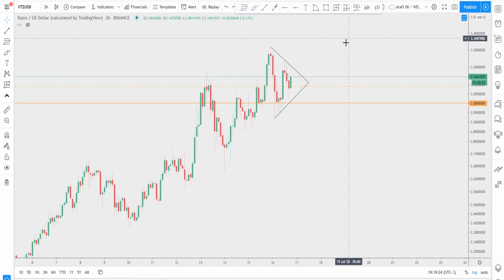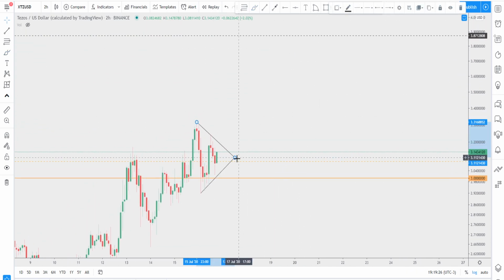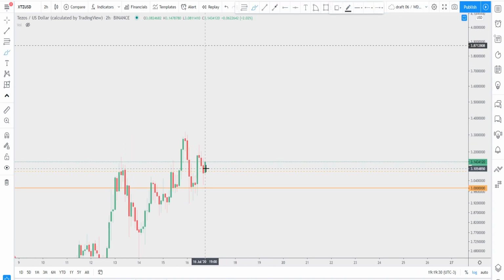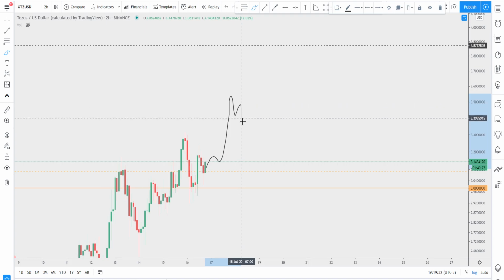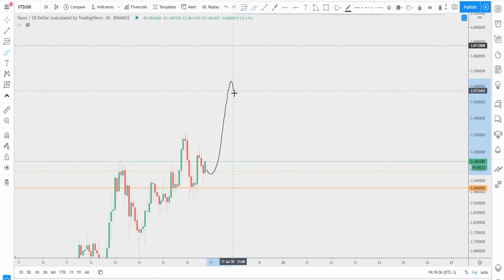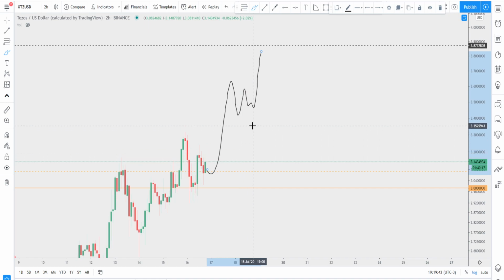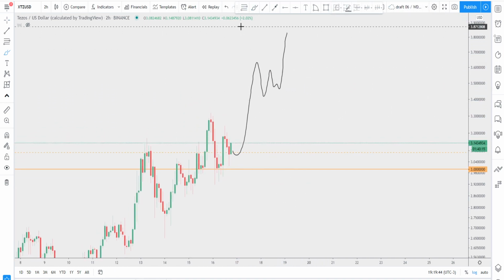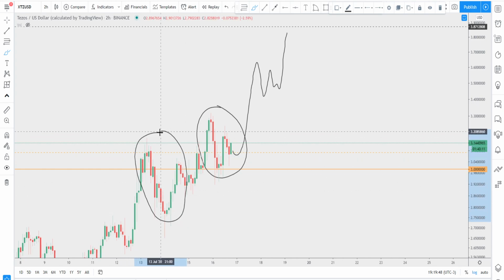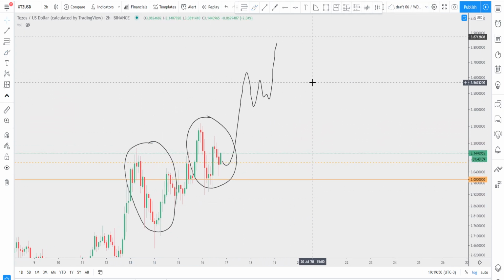Because if they keep fighting all the way non-stop, up, down, up, down, up, down, so something like this. Let me see if I can draw it properly. At some point, the bears will jump in because the range for them to take profits is not enough.